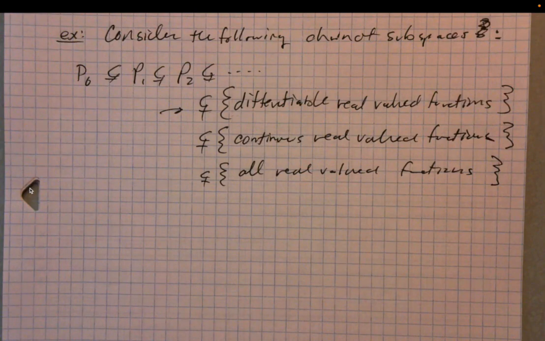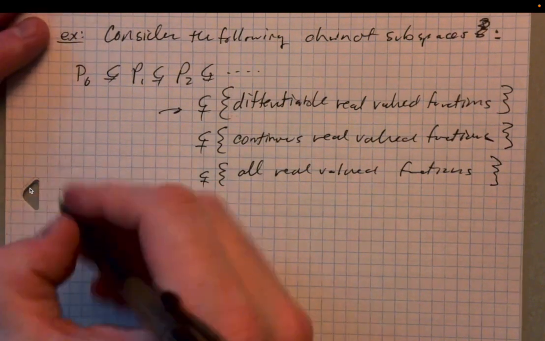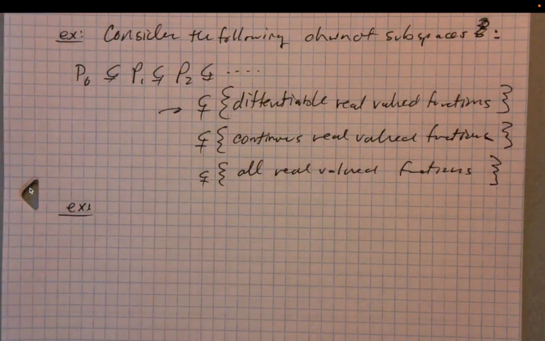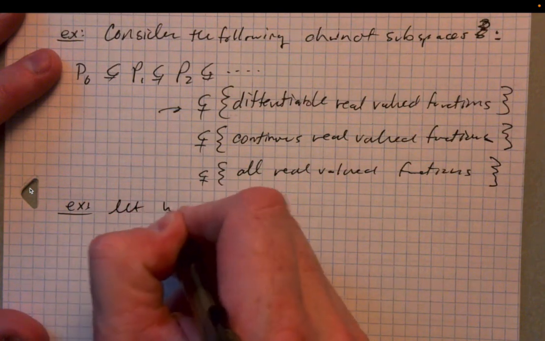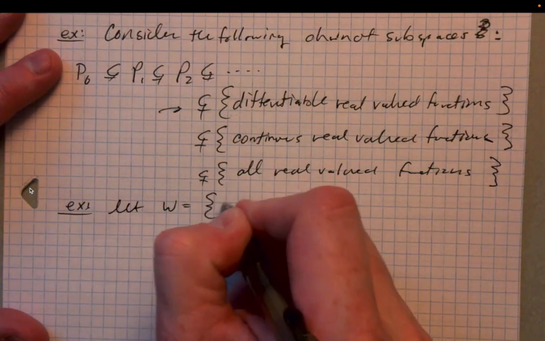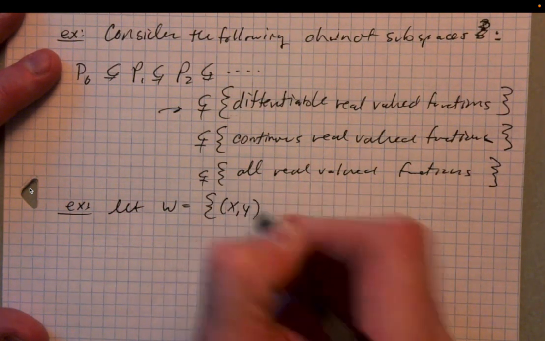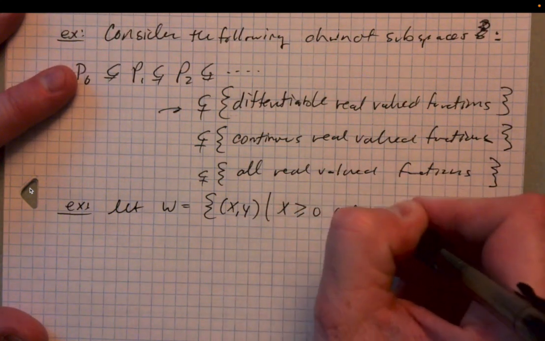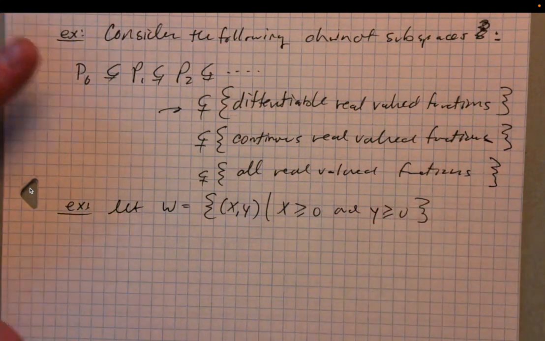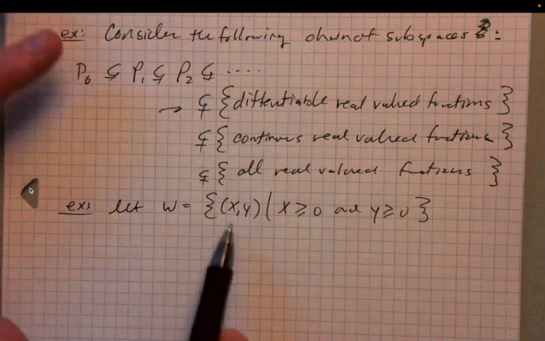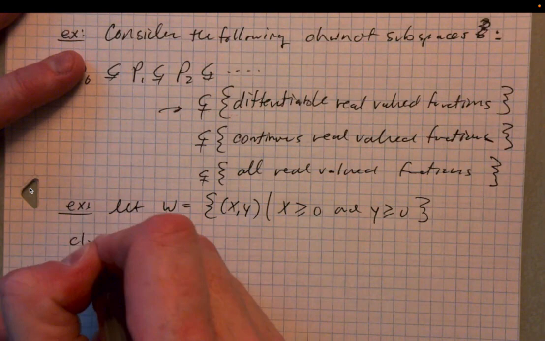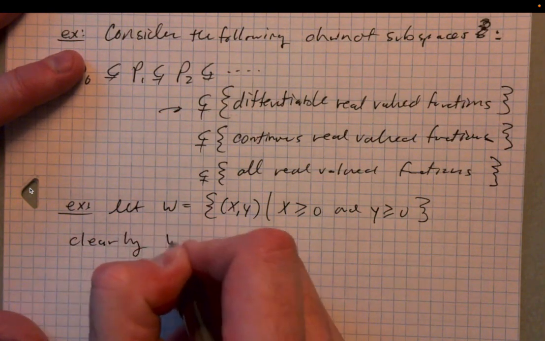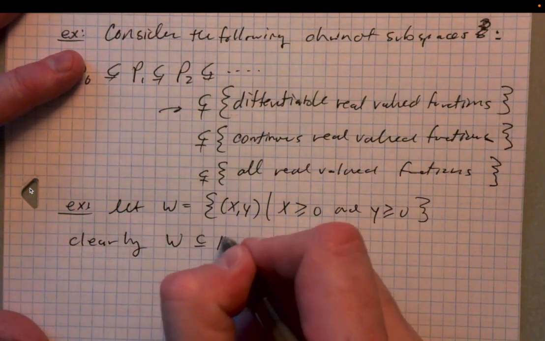All right, let's take an example of something that we might think of as a subspace, but is not. Let W equal the set of vectors (x, y) such that x is greater than 0 and y is greater than 0. Clearly W is a subset of R2.